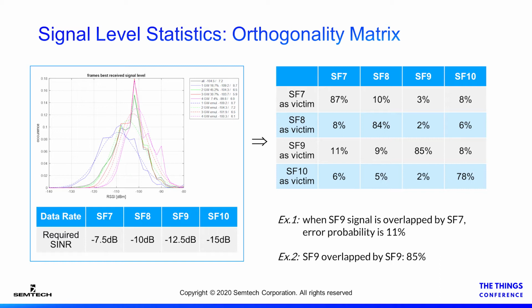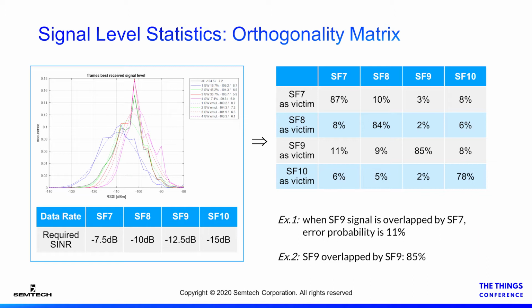We compute this matrix from the statistics of the signal levels. We know the distribution of the signal level. We know that a certain data rate requires, for instance, SF8 minus 10 dB, so 10 dB below the noise, to be received. And from the distribution of the relative power of different data rates, we can compute this orthogonality matrix. That's the first step.